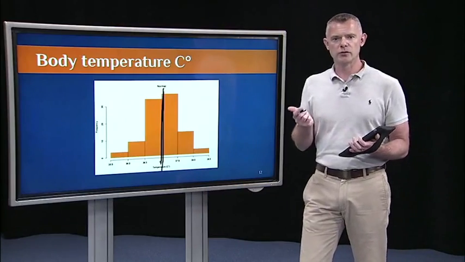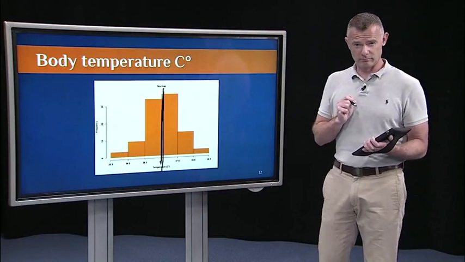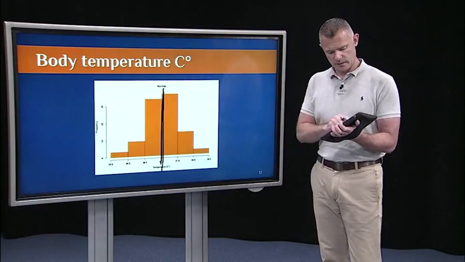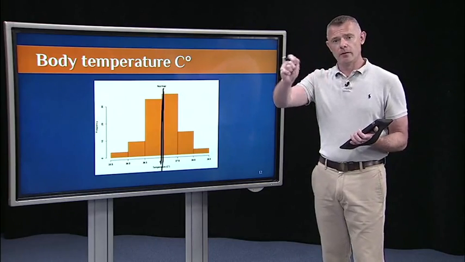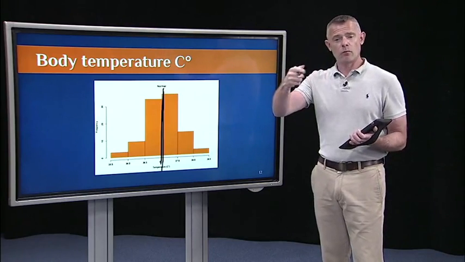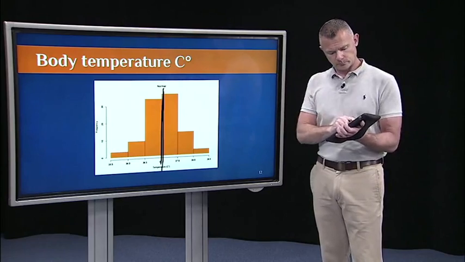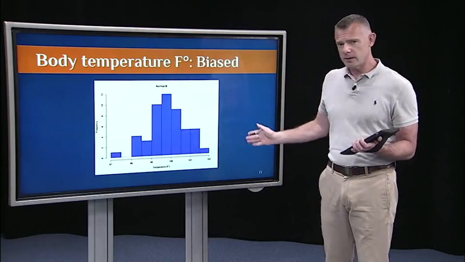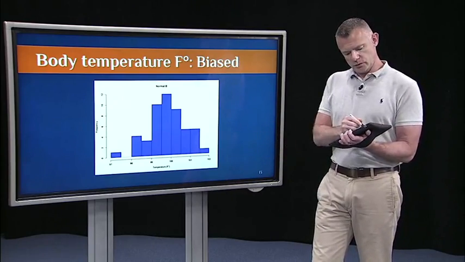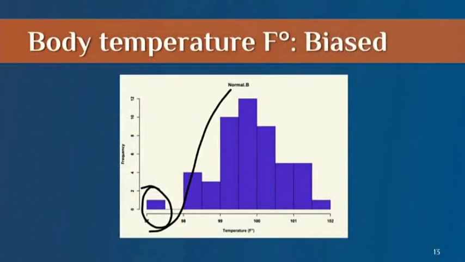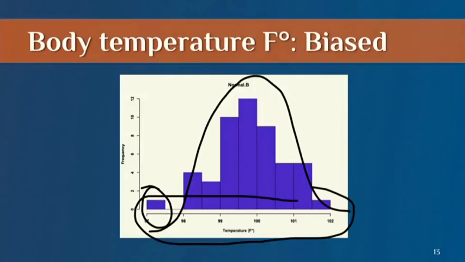Let's assume these were measured with the oral thermometer. That tends to give distributions like this. Now let's assume we use this infrared thermometer that we know runs a little hot. Here it is in Fahrenheit. We still have a relatively normal distribution. There's this one guy out here, but it's pretty normal. But if you look at the scale of the x-axis, it's just shifted.